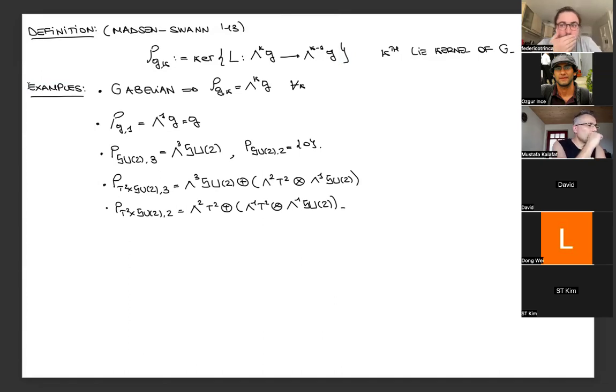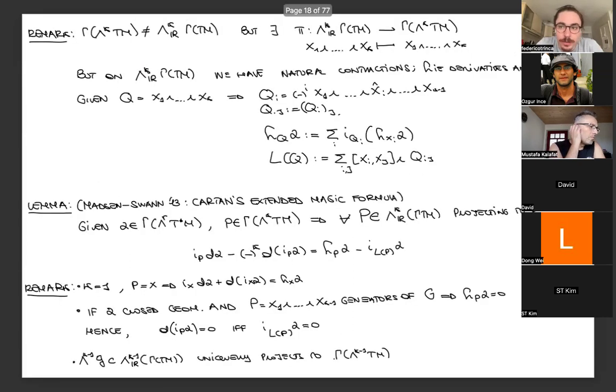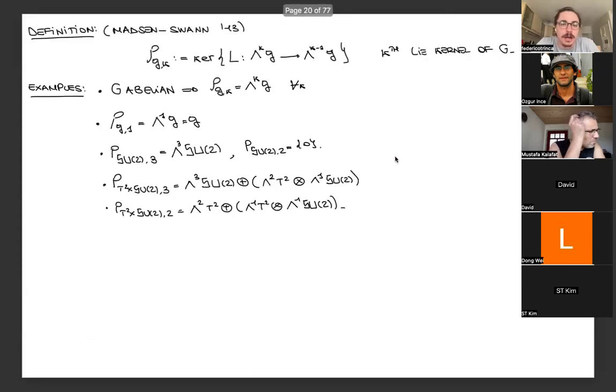But so the typical examples are, so if G is abelian, then let's go back to the definition of L. Then if my Lie group is abelian, the left hand side, this term here, is always 0, and so I'm in good shape. So if G is abelian, the k Lie kernel is the whole lambda kg.